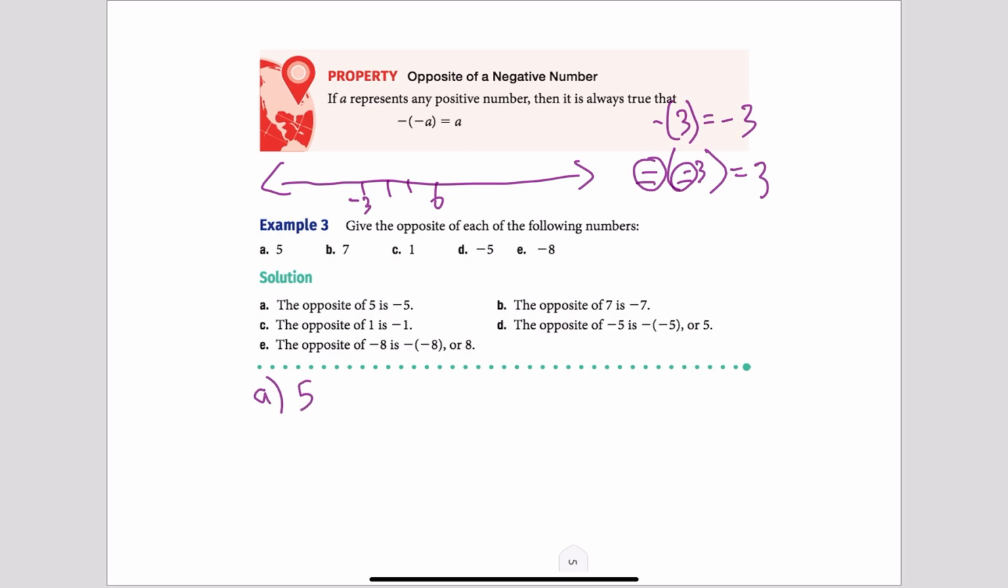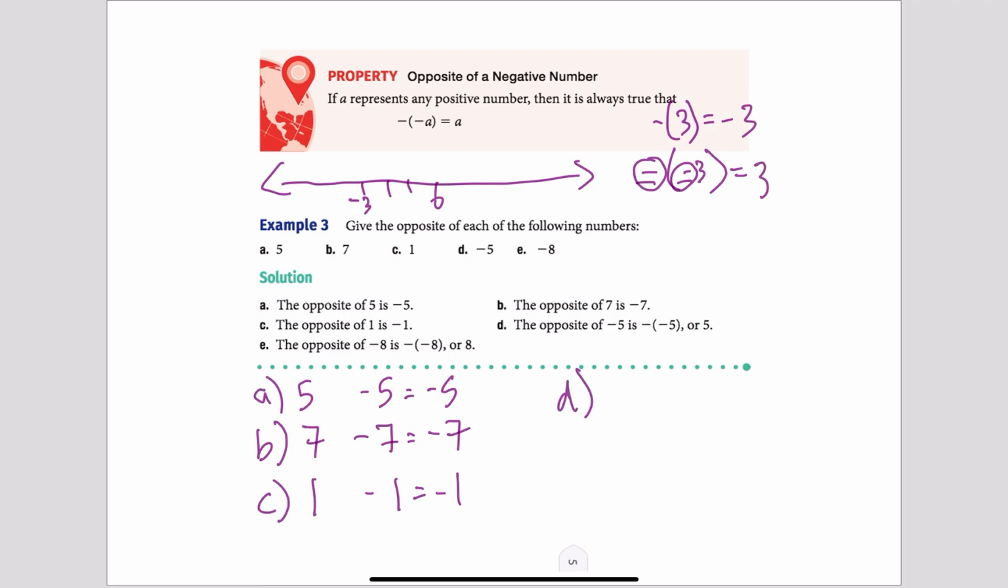So 5. Okay. What's the opposite of 5? The opposite of 5 is negative 5. How about B? 7. Well, the opposite of 7 is negative 7. C is 1. The opposite of 1 is negative 1.